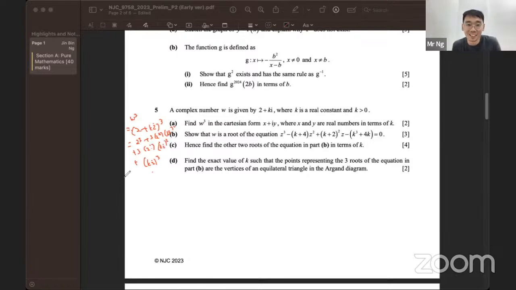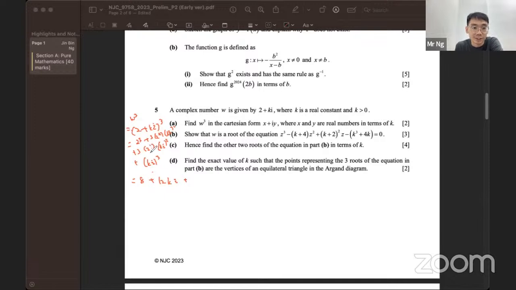So 8 plus 2 square times 3, right? Okay, 2 square times 3, 4, 4 times 3, 12. 12 Ki and plus.